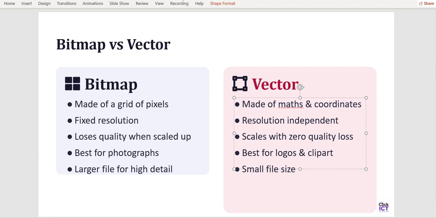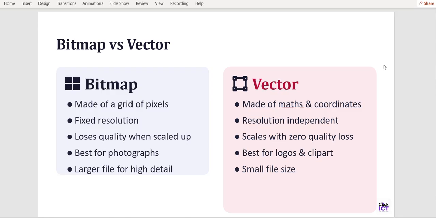Let's talk about the difference between bitmap and vector images. A bitmap is made up of pixels, whereas vector images are made up of equations and coordinates. The resolution of a bitmap image is fixed. Vector images are resolution independent. Bitmap images lose quality when they are scaled up, whereas vector images scale with zero quality loss.